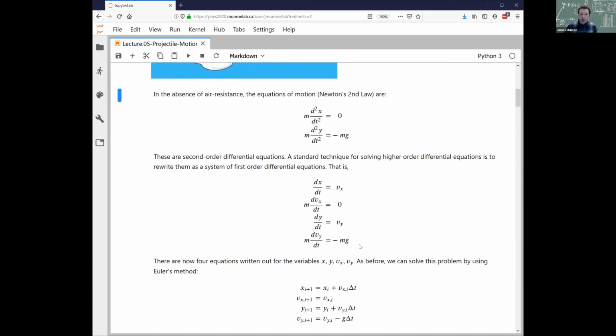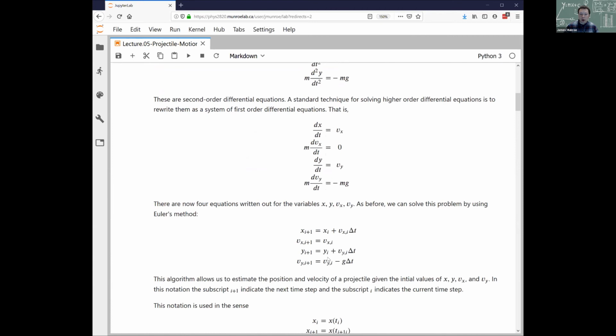The application of Euler's method is the same. We rewrite each and every one of those derivatives in terms of a finite difference, and then solve for the velocity or the position at the next time step all the way through. Now the masses cancel. They don't come into play in this first easy problem.